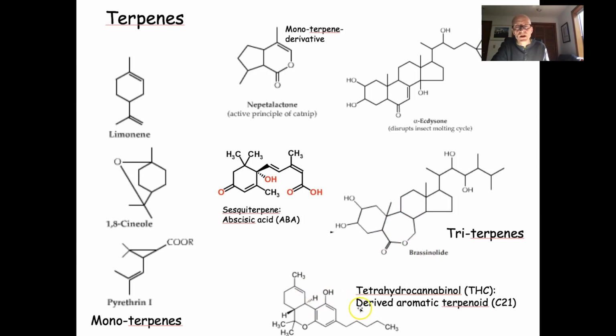And here's an example of another derived aromatic terpenoid with a C21 structure. That is tetrahydrocannabinol, or THC. You can count up the carbons and find out that it's 21. Here it's difficult to see that this was originally derived from a simple terpene.